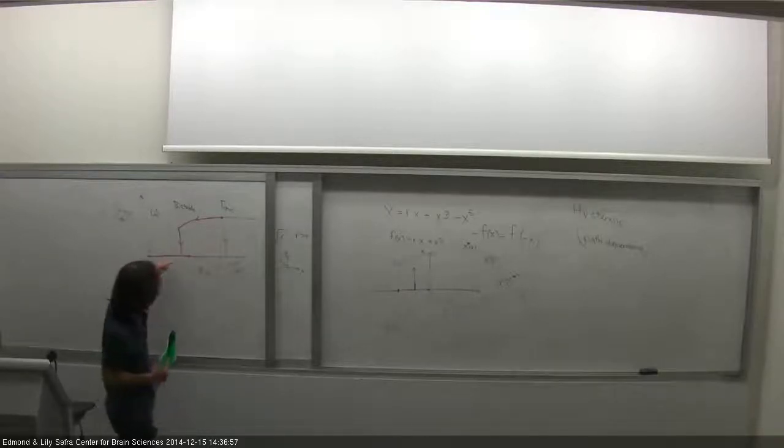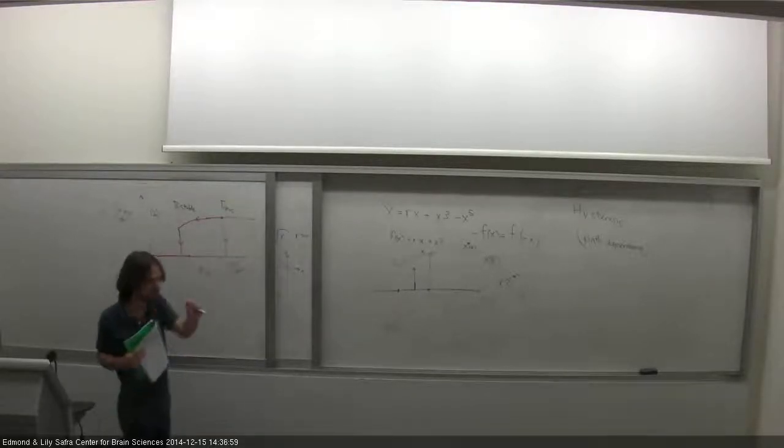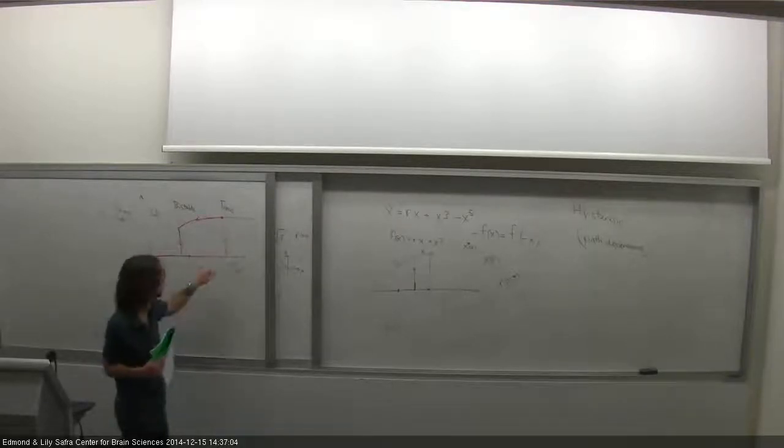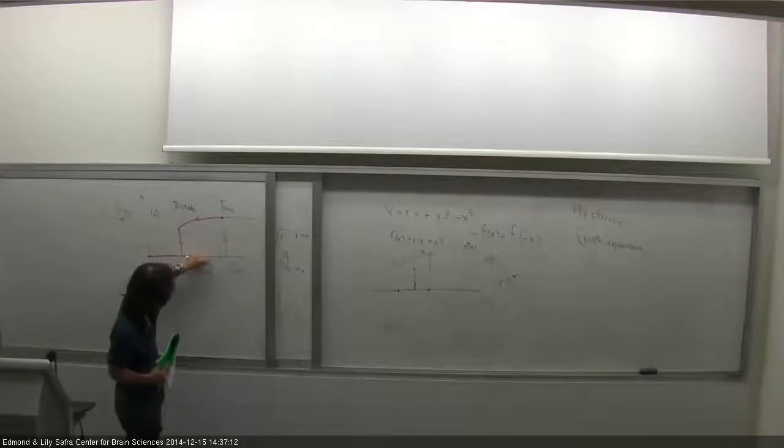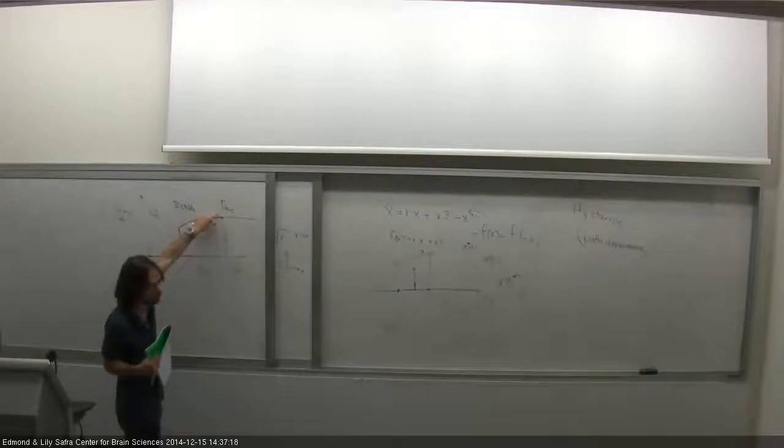And like they said, having small noise means I can perturb out of an unstable fixed point. So I just change E, and I'm stable here. If I change it to this value, this is unstable, and I go up there.